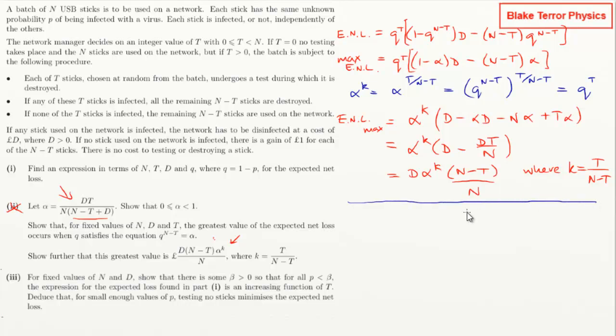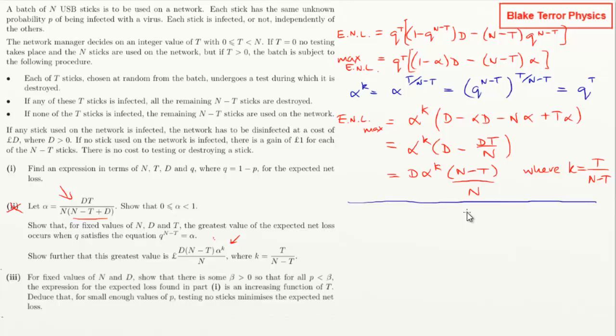We're fixing n and d, so we've got a fixed number of sticks, and a fixed loss or fixed cost if we're disinfecting. Then there is some value of beta that we want to keep the probability of infection below, to show that we're actually increasing the expected loss every time we put another stick into the testing pool.